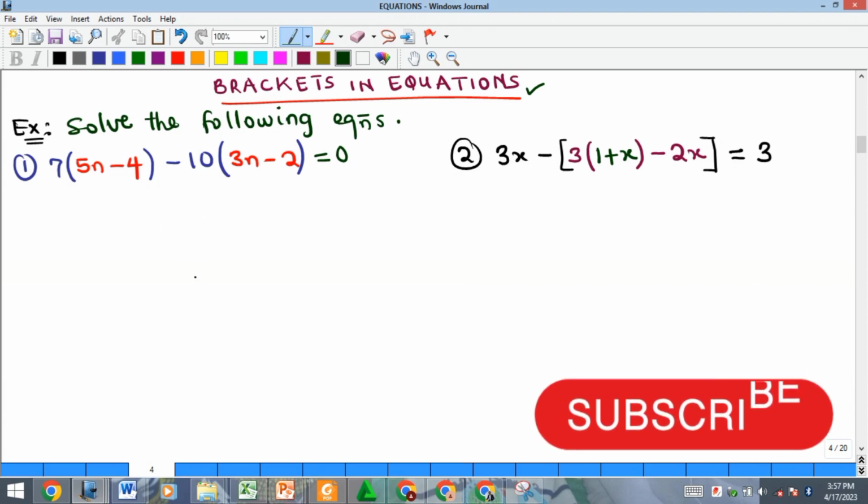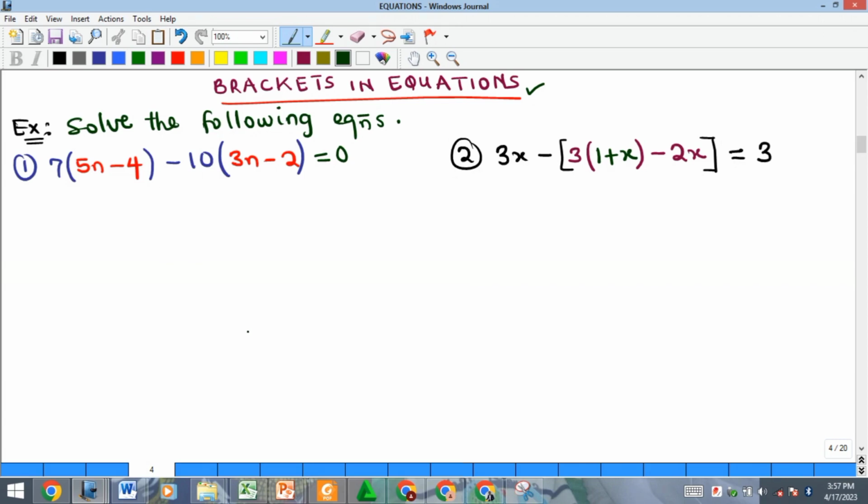There are two particular things that are involved here. One is how to open up the bracket. Of course, this is what we would have done under factorization of algebraic expressions. Basically, how does it work? If I have x into the bracket of a plus b, what this means is that when I open this bracket, my x is going to multiply a and then also multiply b, and any other term that is inside the bracket.